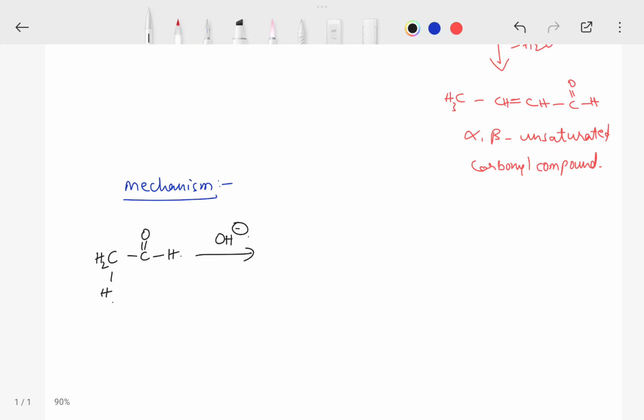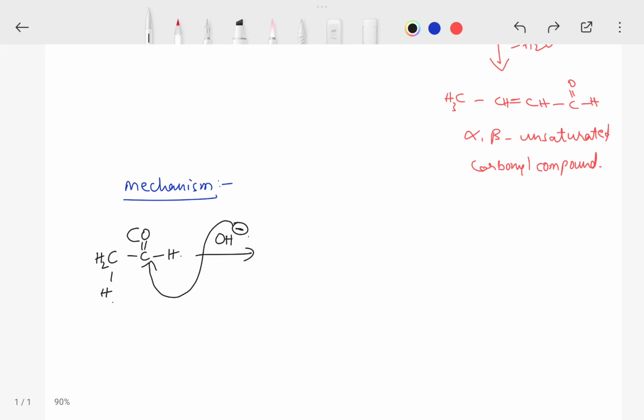Why are we taking dilute base here? If we take a strong base, it may attack here and cause unwanted reactions. We need to remove only the alpha hydrogen, and a dilute base is enough to remove one alpha hydrogen.